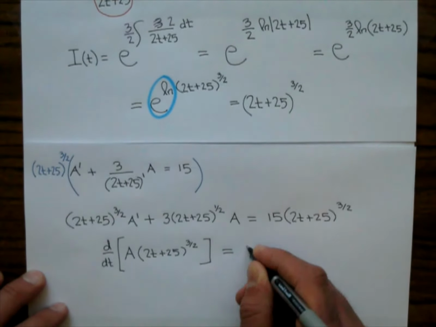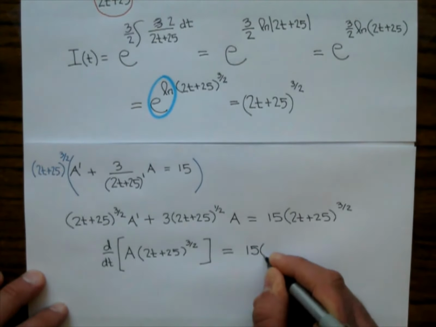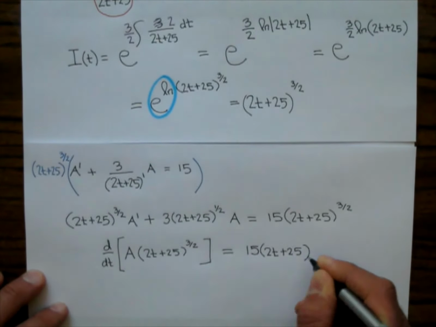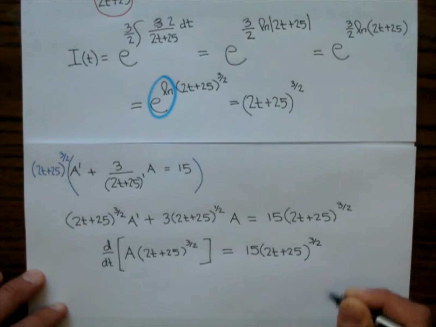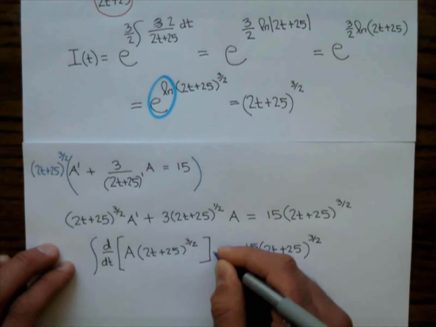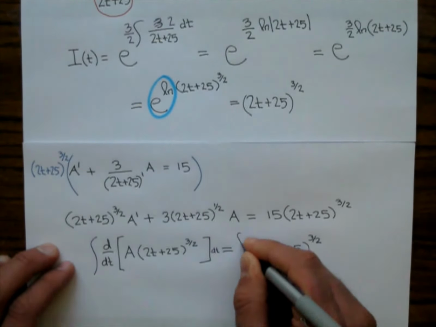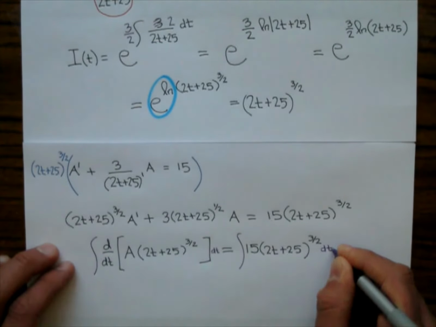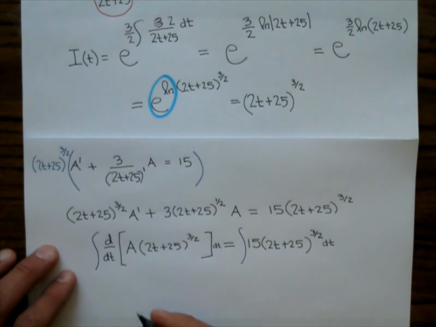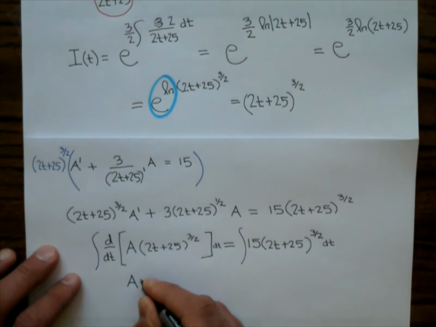Okay, so we have 15 times 2t plus 25 to the 3/2 power. I'm going to integrate both sides with respect to t. And I have the antiderivative gun and the derivative gun all lined up together, so we're just going to get this result right here, A times the integrating factor.